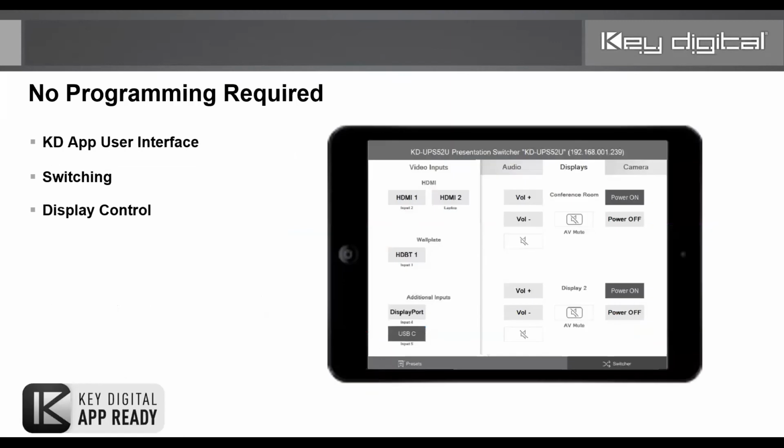So we've got everything covered across the board. And again, no programming required. Our version of programming on this would be using the KD-MS Pro software and just changing some user-friendly names, display control, switching, but a super easy, bare bones, basic app interface.